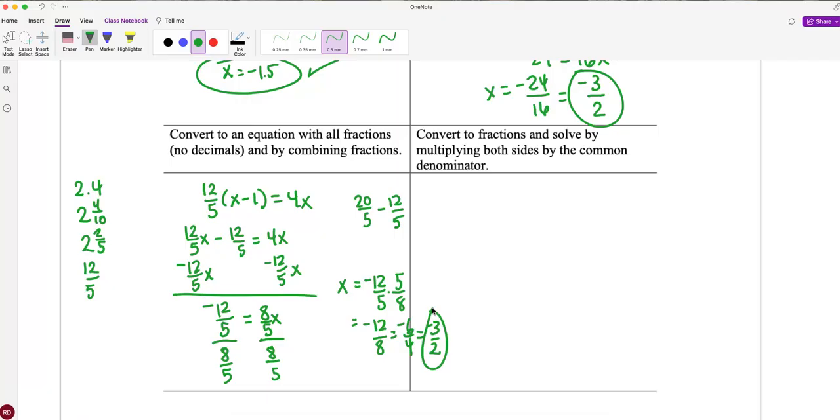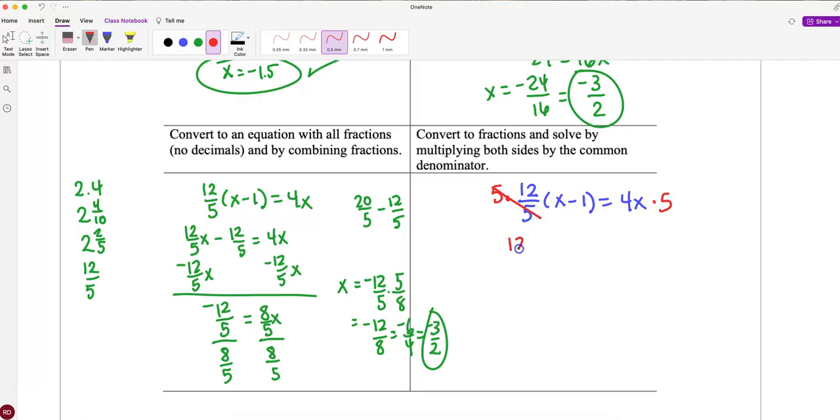Okay. Now, I can do the same problem, but instead of working with fractions, I'm going to eliminate the fractions. So 12/5 times x minus 1 equals 4x. To eliminate the fractions, I'm going to multiply by 5 on both sides of this equation.